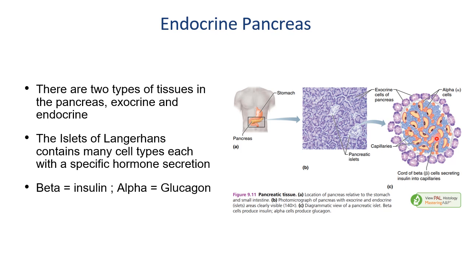The beta cells secrete insulin into the capillary, and therefore into the blood, where the insulin circulates throughout the body, and the alpha cells secrete glucagon into the capillaries, which go again into the blood and circulate throughout the body to perform its effect to increase blood sugar.